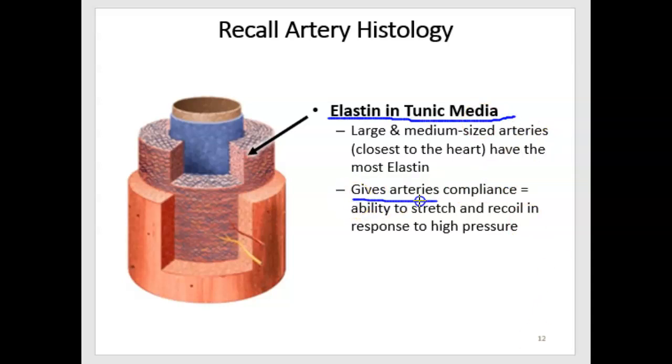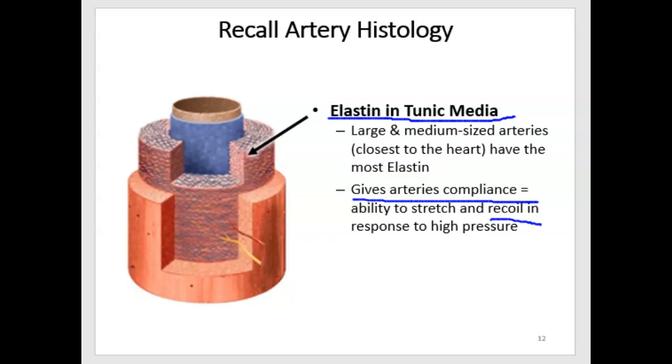And it gives the arteries compliance, the ability to stretch, and recoil, the ability to push back against the blood, which actually does, I know it increases pressure on the blood, so it increases blood pressure, but it also helps the blood move forward. So in addition to there being a pressure gradient in arteries from high to low, there's also this push on the blood to keep it moving due to the recoil of arteries.